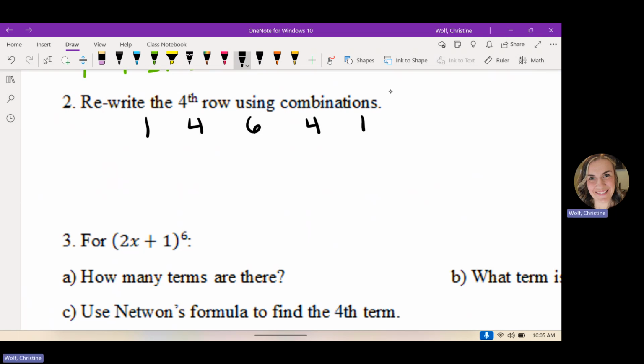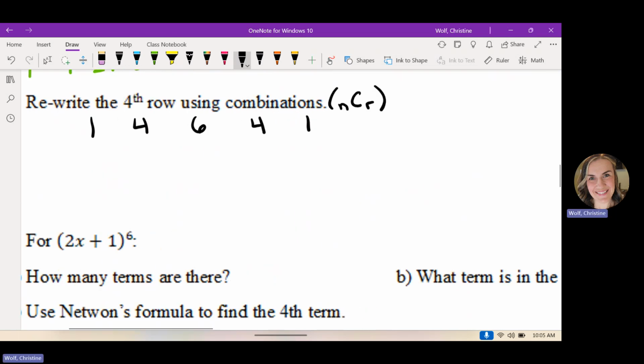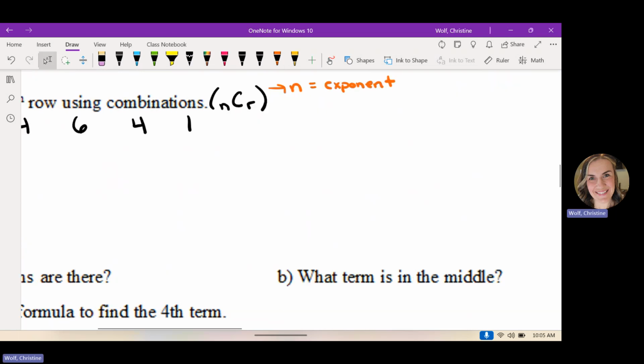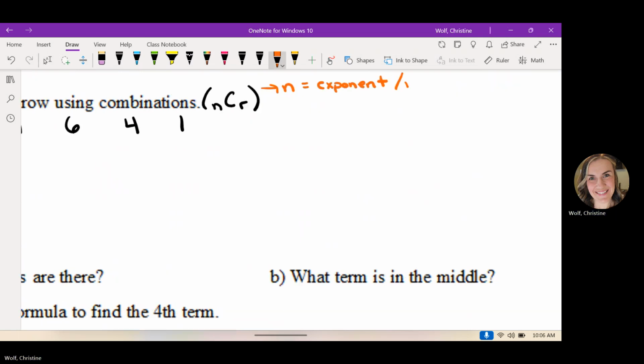We know that combinations, when I say combinations, I'm talking about this guy, right? What we did yesterday. Okay. And just a few reminders, if we're using nCr, n is the exponent that was given to you above. So n is the exponent, or in other words, the row number.